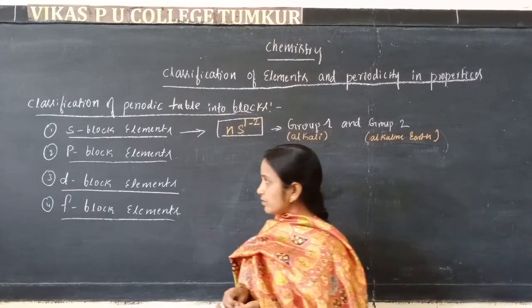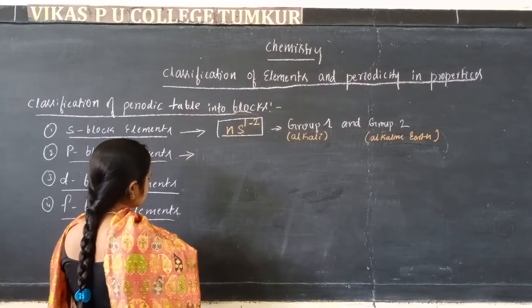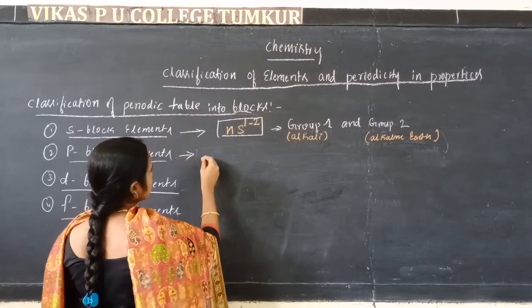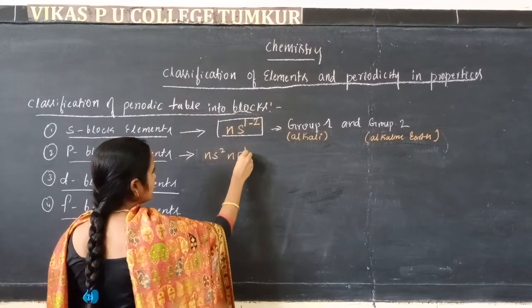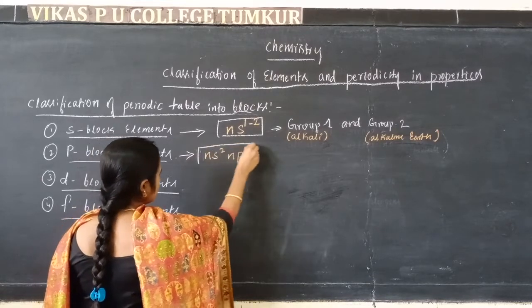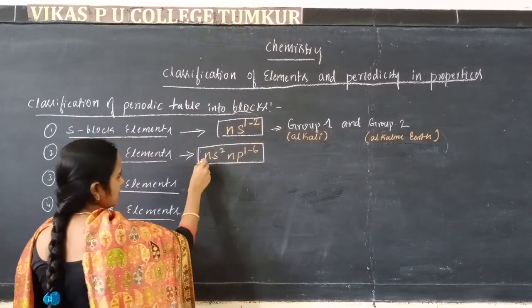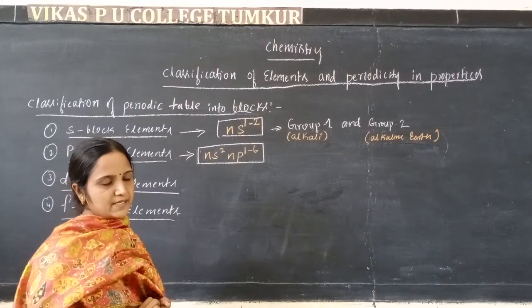The outer electronic configuration is ns2 np1 to 6. This is the outer electronic configuration for the P block elements.